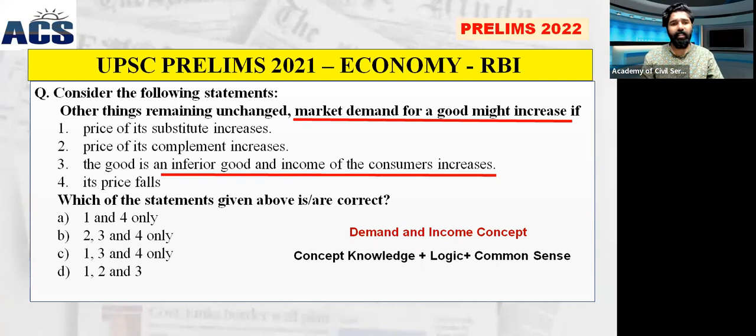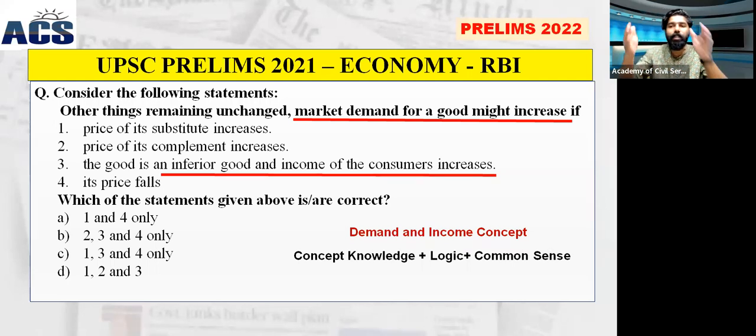If you apply this concept to statement 3, you will be able to solve this question. The other statements may confuse you, and you cannot confirm whether they are right or wrong because there is no detailed data about them. So I am taking statement 3, and I know what an inferior good is.